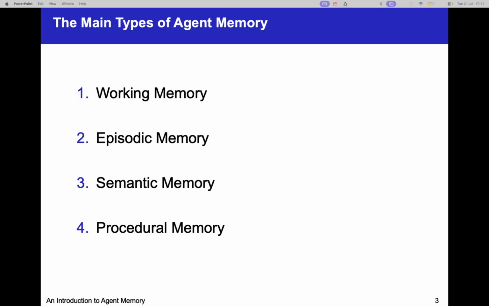There are 4 basic types of memory systems. One is obviously working memory, typically what you have in your Claude Code session, what the agent currently knows. You have episodic memory, which tells you how you did things, basically like a log file of what your agent did.